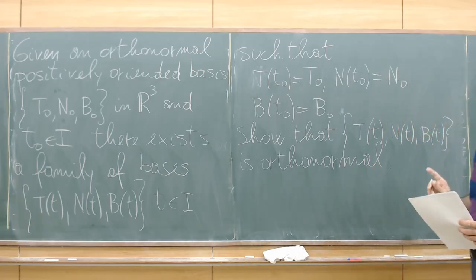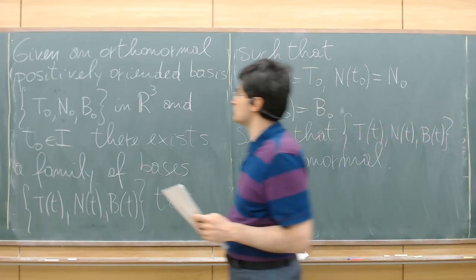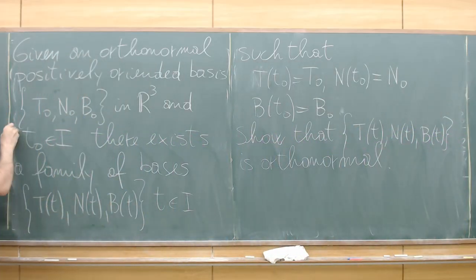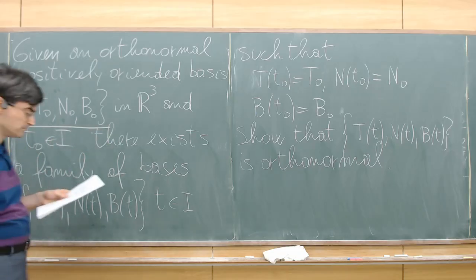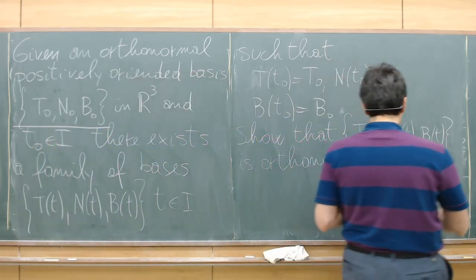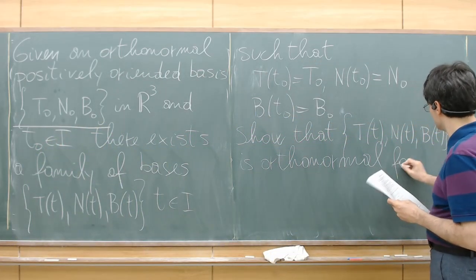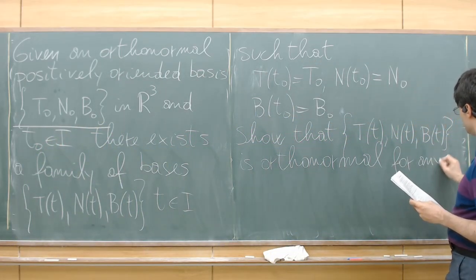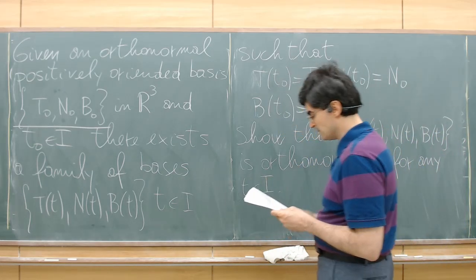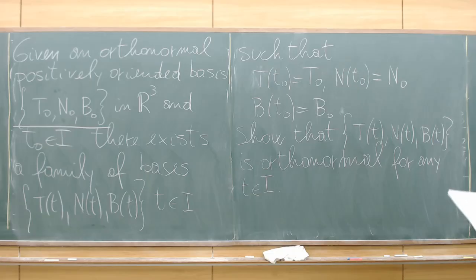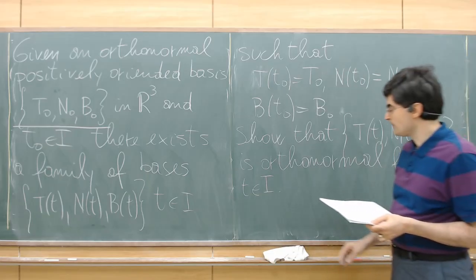So far we know only that this one is orthonormal. We want to prove that also this one is orthonormal for any t in I. In order to prove this, we have to use a trick.